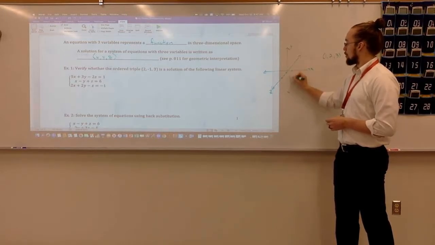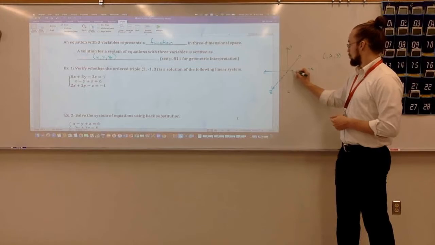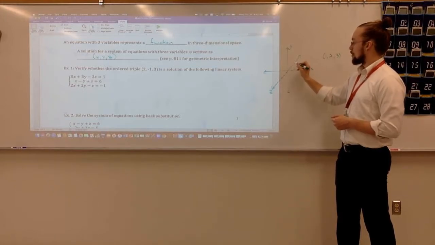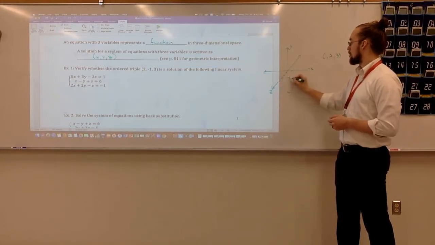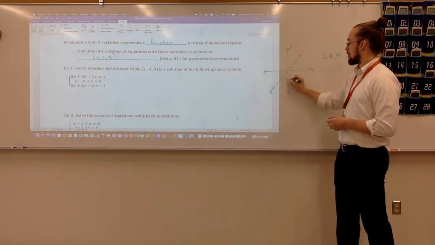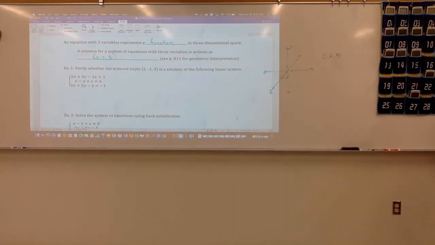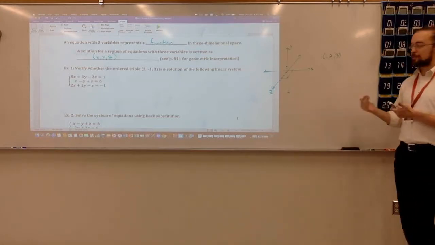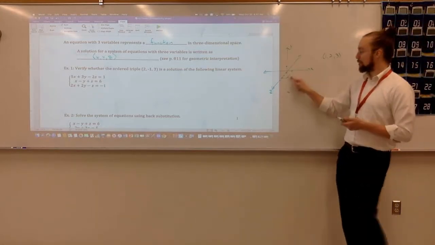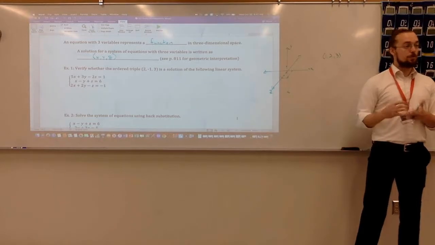So this point is going to be here, and then I'm going to go up 2 spots. I know it's tough to visualize when you're trying to do 3 dimensions on 2 dimensions.